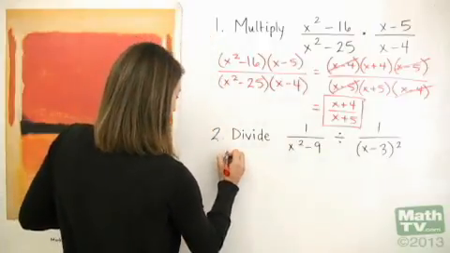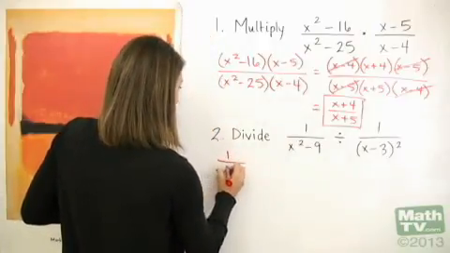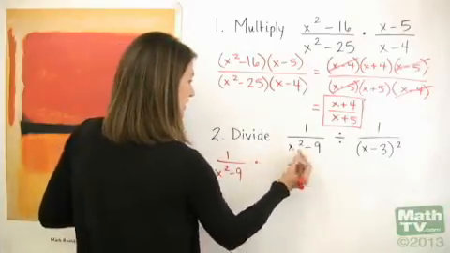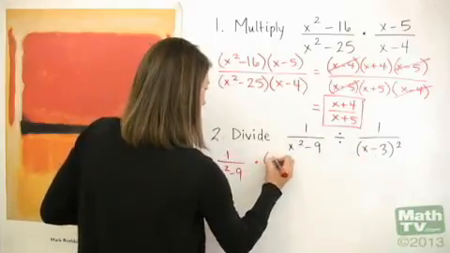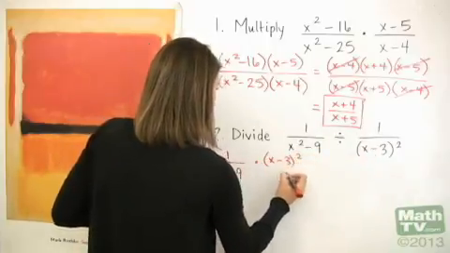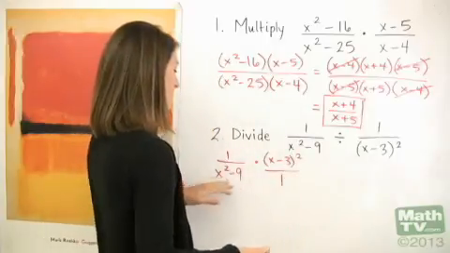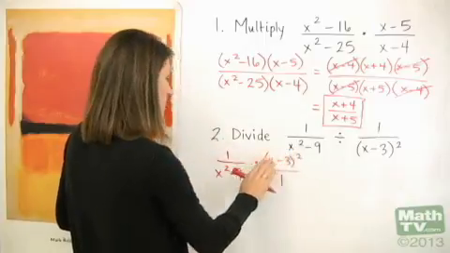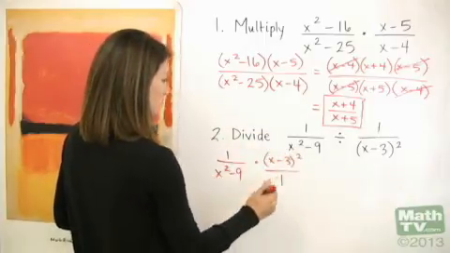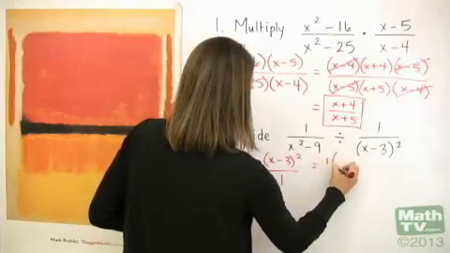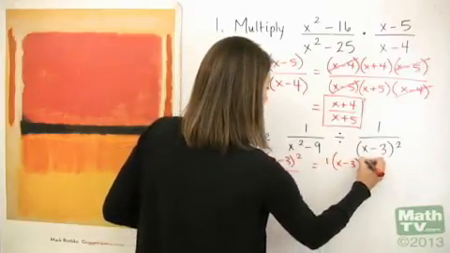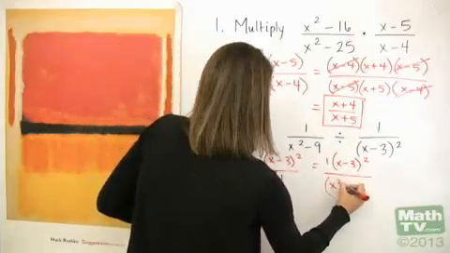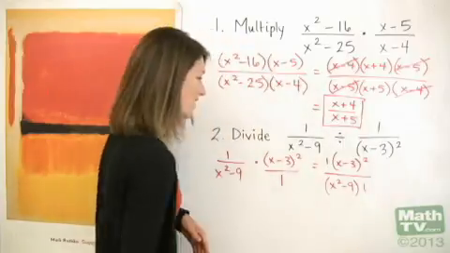So if we write it as 1 over x squared minus 9, we're going to find the product of this first expression and the reciprocal of this, which is x minus 3 squared over 1. And then we're working a multiplication problem, where we find the product of the numerators and put that over the product of the denominators. So this is 1 times x minus 3 squared over x squared minus 9 times 1.